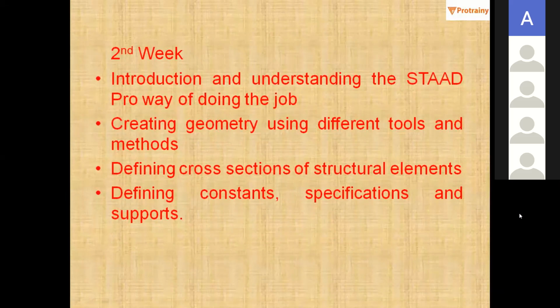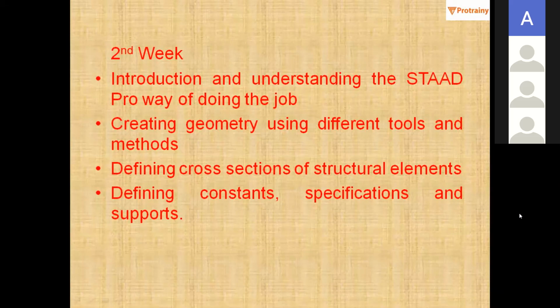Next week, we will move on to STAADPRO. This whole week will be dedicated to the modeling part of the software, in which you will learn how to model a frame structure as close as possible to the real thing. Now, what exactly do we do in STAAD?